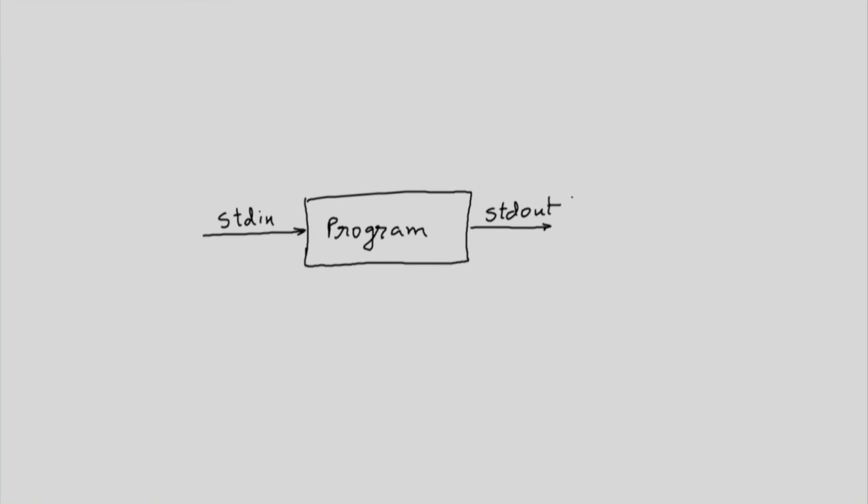What the operating system does by default is that it connects the STDin to keyboard and STDout to monitor. That is how we are able to type in our input from keyboard, which is read by the program, and the output produced by the program via STDout connected to monitor goes on to the monitor.